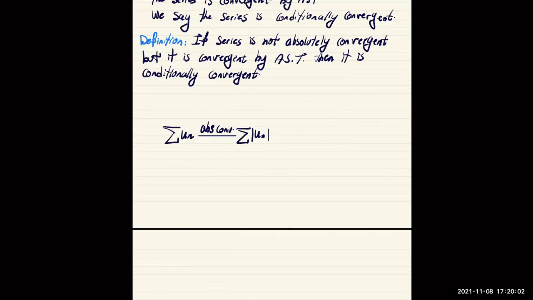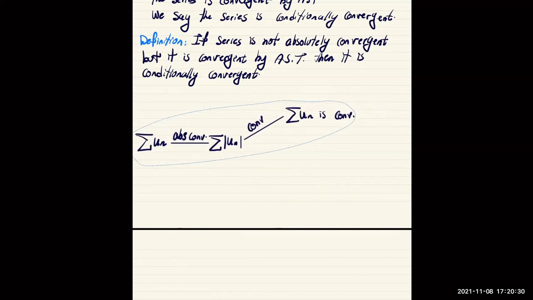If you decide that the sum of positive terms is convergent, then we are done. It's absolutely convergent, then the series is convergent. We don't need to do any AST. You don't need to check the alternating series.